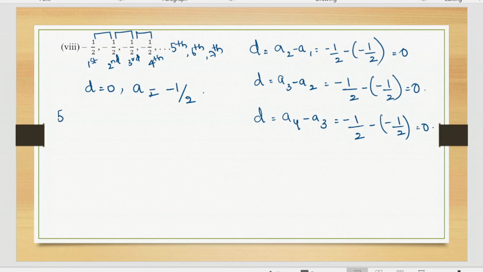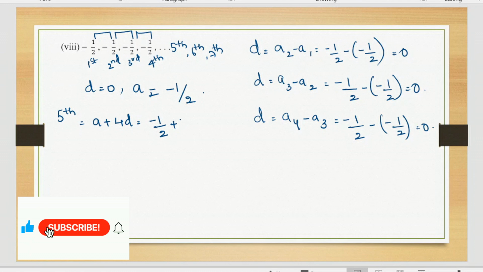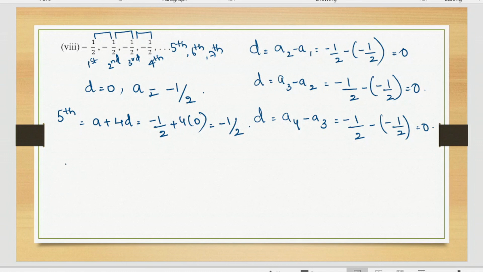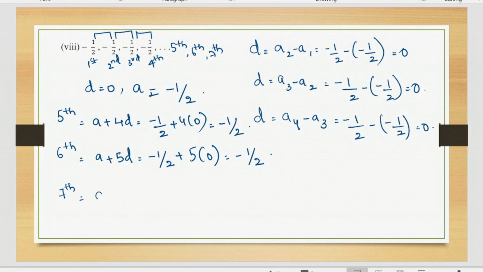Okay. So how do we find the fifth term? A plus 4D. A is minus 1 by 2 plus 4 into 0. You will get minus 1 by 2. And the sixth term is A plus 5D, which is minus 1 by 2 plus 5 into 0, which is minus 1 by 2. And the seventh term is A plus 6D, which is equal to minus 1 by 2 plus 6 into 0, which is minus 1 by 2.